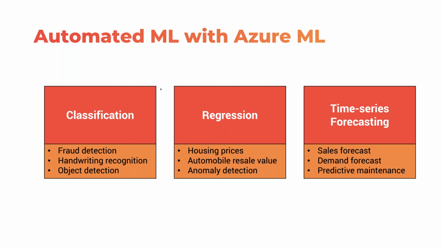Now, all these are again classified into one of these three techniques of classification, regression, and time series forecasting. So these are the three problems that you can solve by using AutoML of Azure.